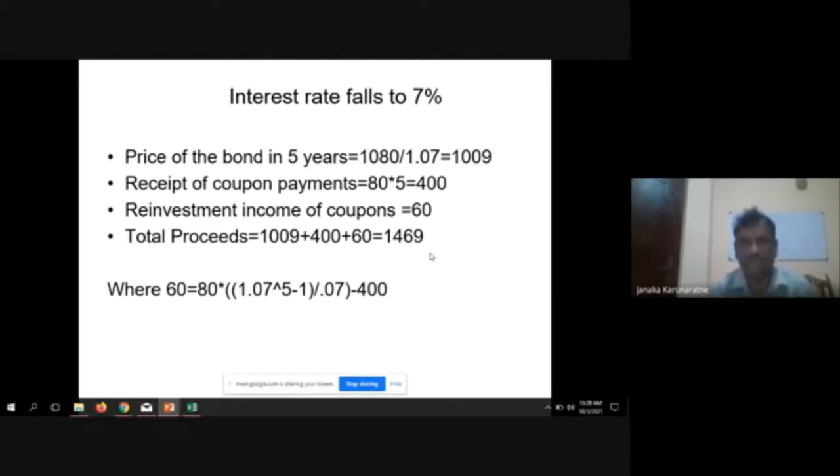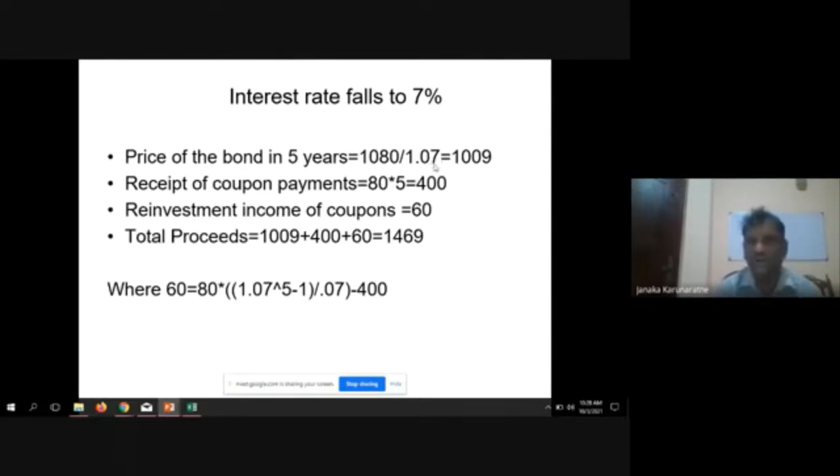So let's say interest rate dropped to 7%. You can work out for anything, 6%, 5%, anything, but let's say I put 7%. Now, price of the bond in 5 years, 1,000 plus 80, that is the coupon. And the market interest rate drops means price will go up.